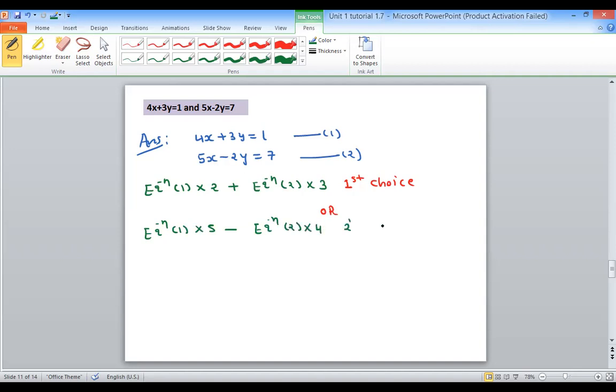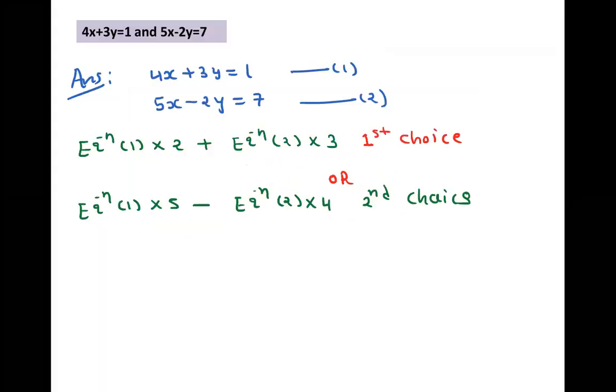This is your second choice. In the first choice, you can eliminate the y. In second choice, you can eliminate the x. So you can choose anything. You can tell me the answer. If you are not able to understand, please tell me, I can write it.